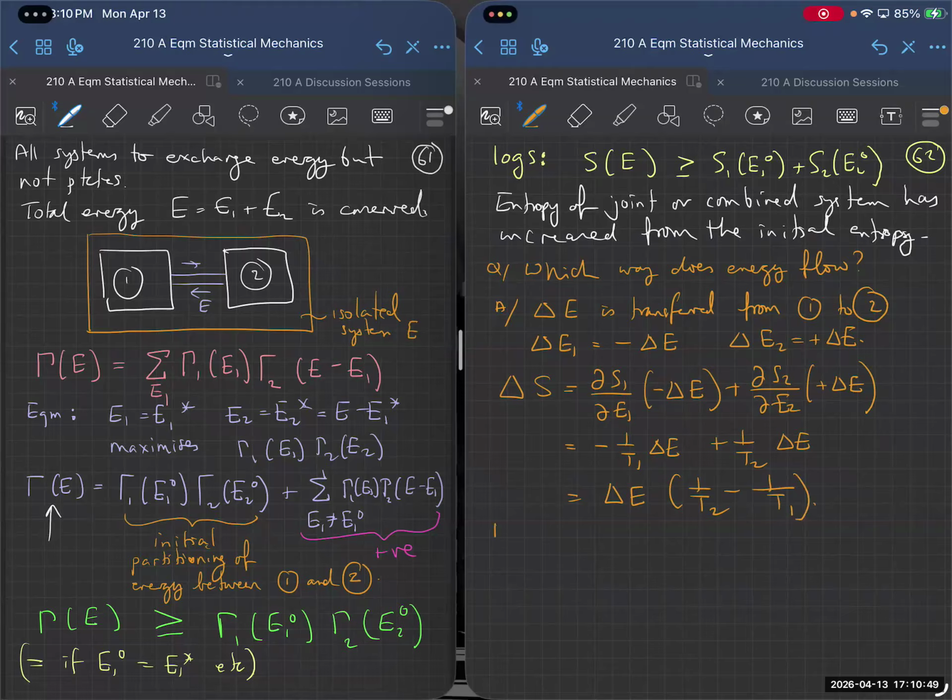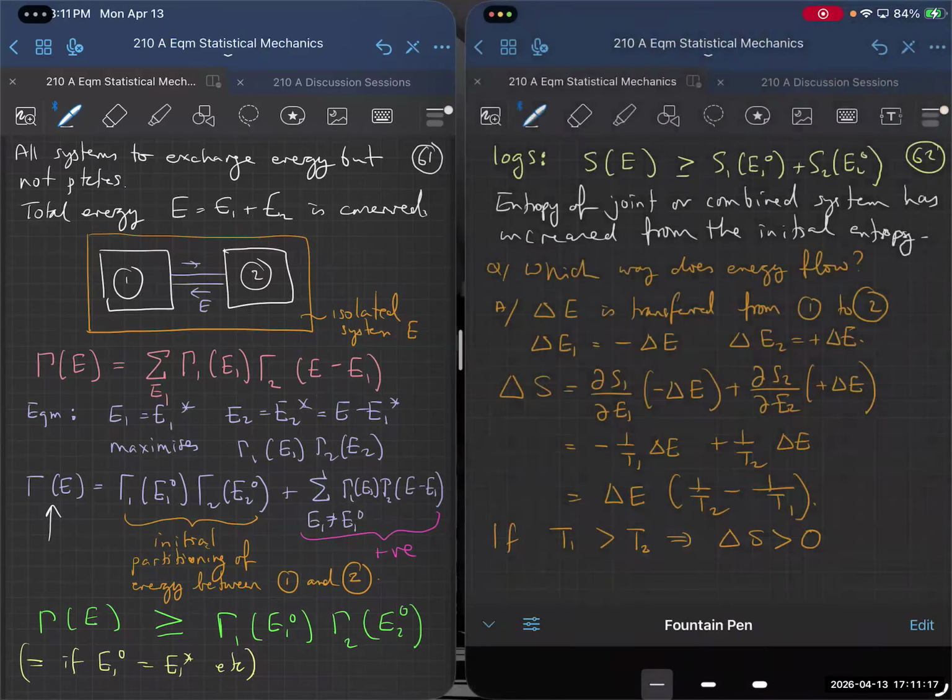And so if T1 is greater than T2, then that means that delta S is greater than 0. So the entropy of a combined system increases when the energy is transferred from a hot body to a cold body.